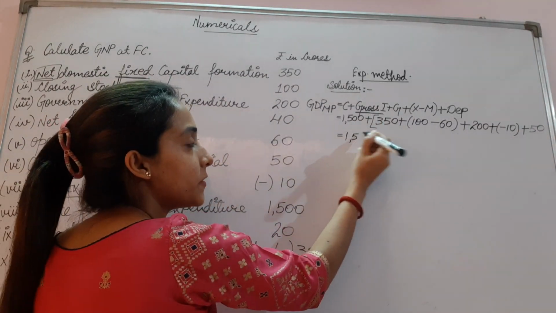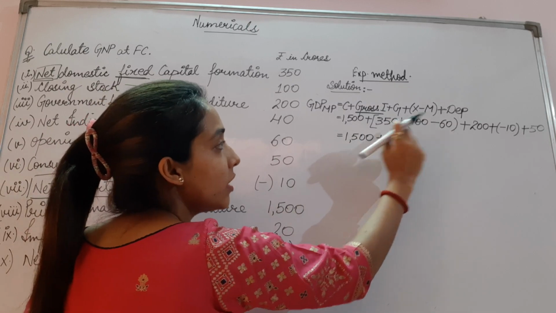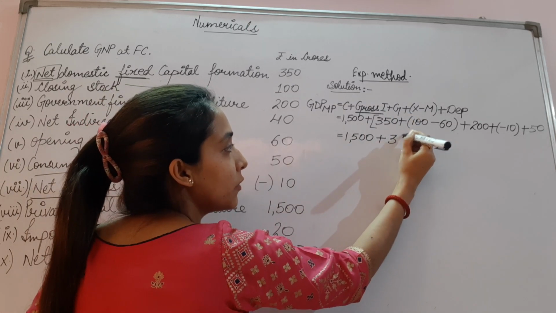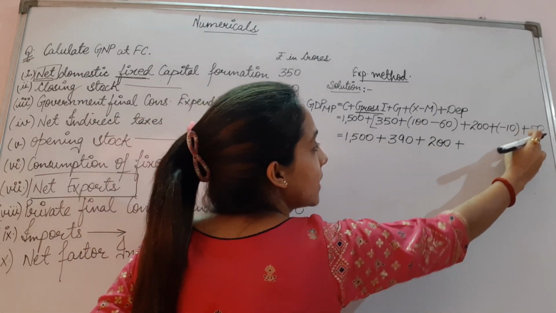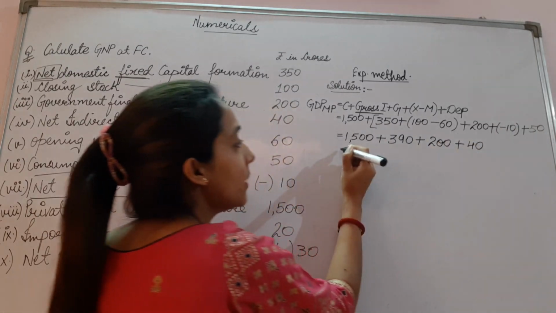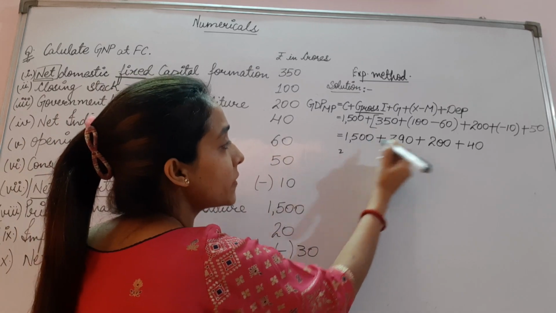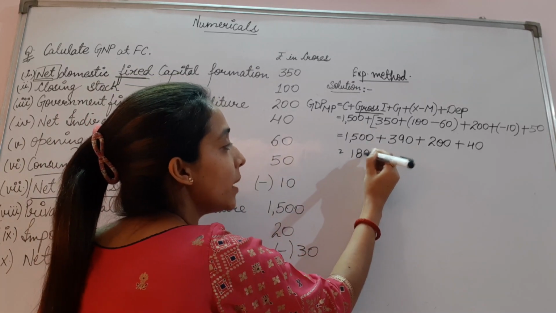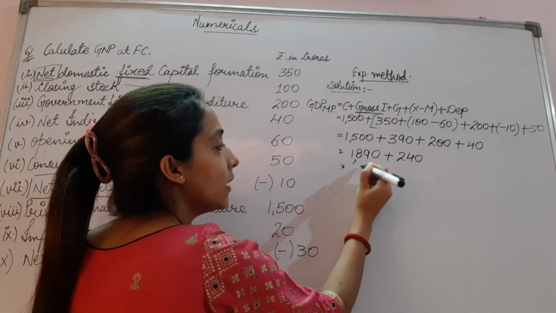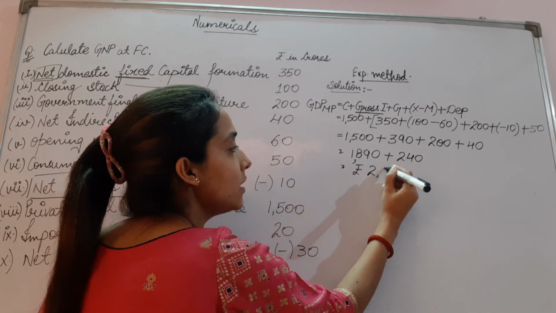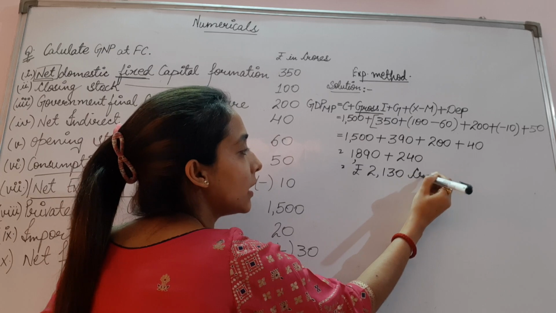So 1500 plus 350 plus 40, 390, plus 200 plus this minus, it will be 40. Now 1500 plus this, it will be 1890 plus 240. It will be 2130 crore.